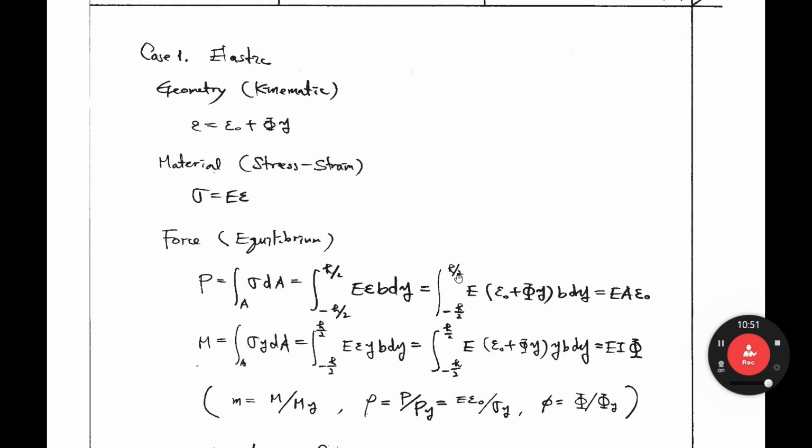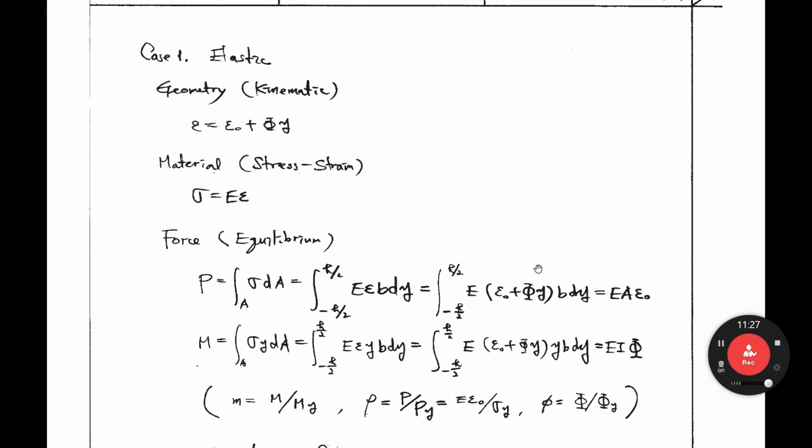From this one, what is this? Integral of E epsilon 0 b dy. What is that? E epsilon 0 is independent from this integral, right? So E epsilon 0, and then the integral of b dy. What is that? Area A. Okay? E A epsilon 0. Then what happened to this term?